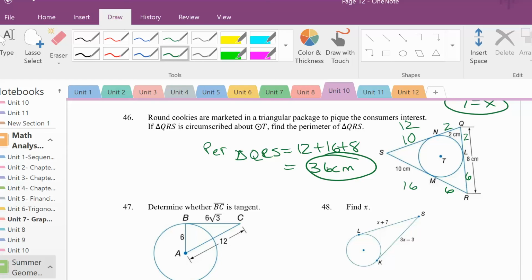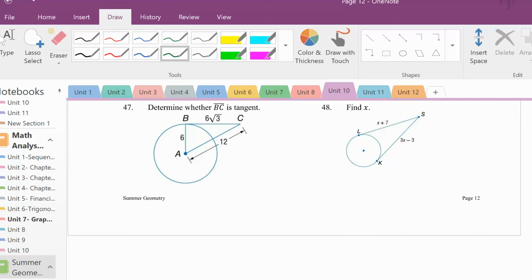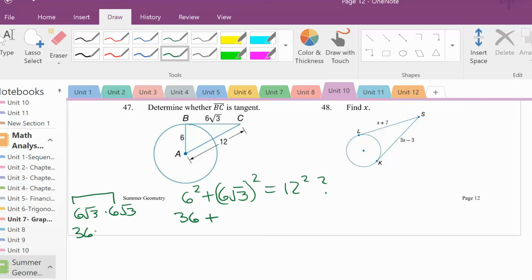All right, then the next one. So here you want to determine if BC is tangent, so you got to do the Pythagorean Theorem. So 6 squared plus 6 rad 3 squared. Does that equal 12 squared? So 6 squared is 36. 6 rad 3, so 6 rad 3 times 6 rad 3. 6 times 6 is 36.